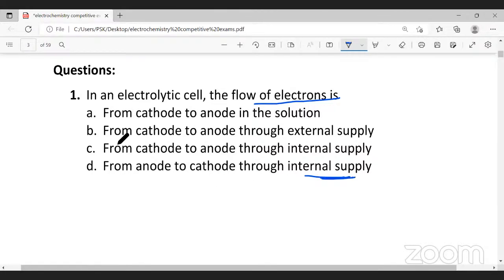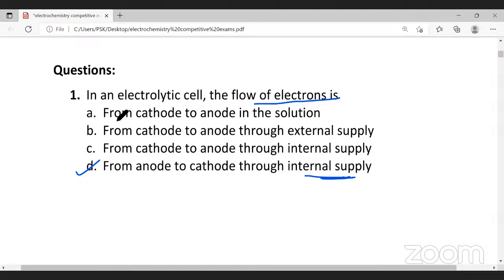So the answer for this question is option D. We will learn this internal supply when we learn a cell called the Daniel cell. All right, the next question.